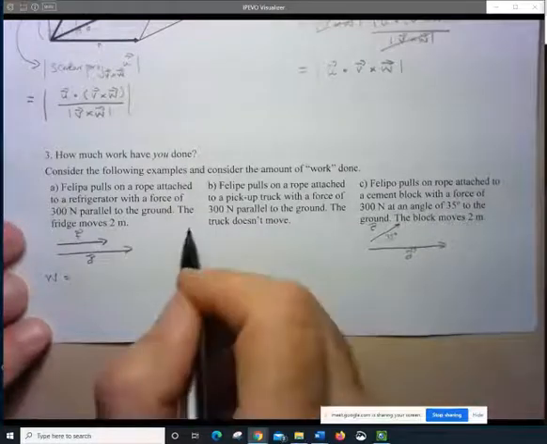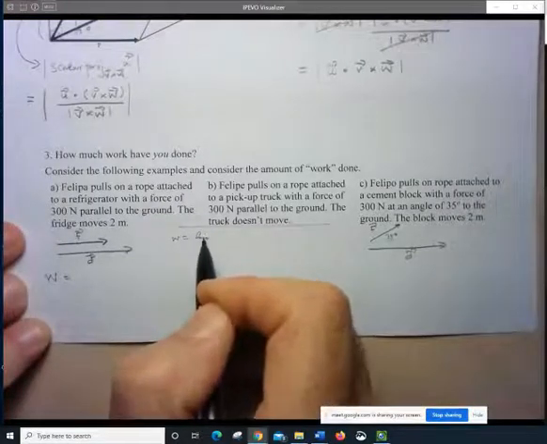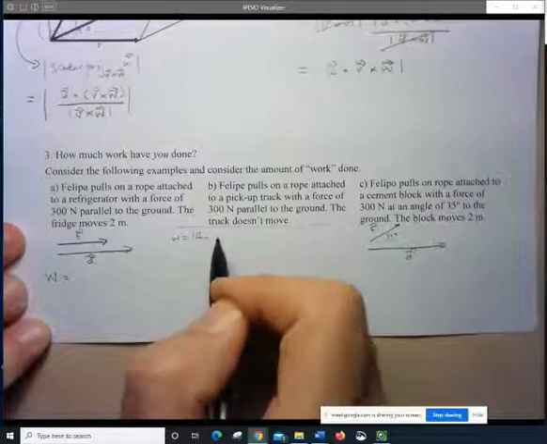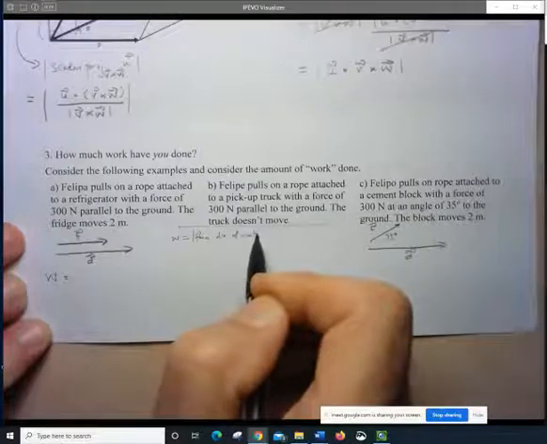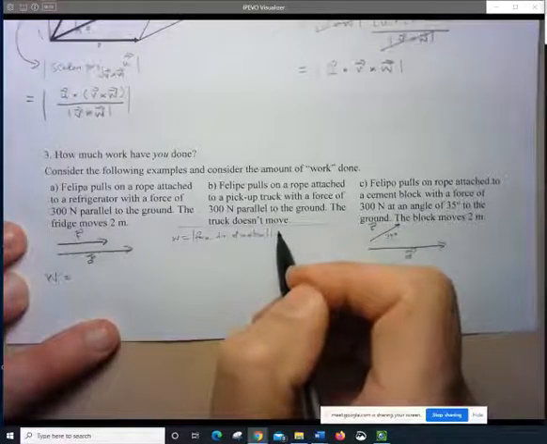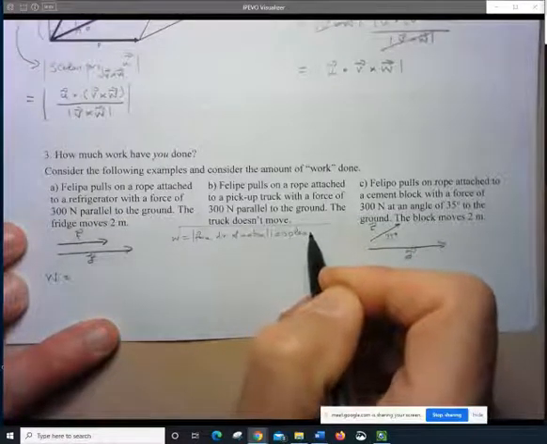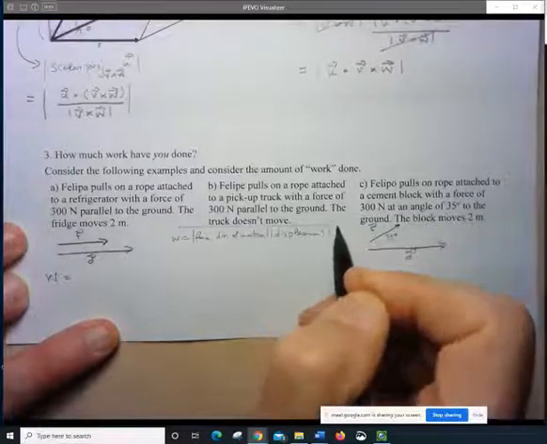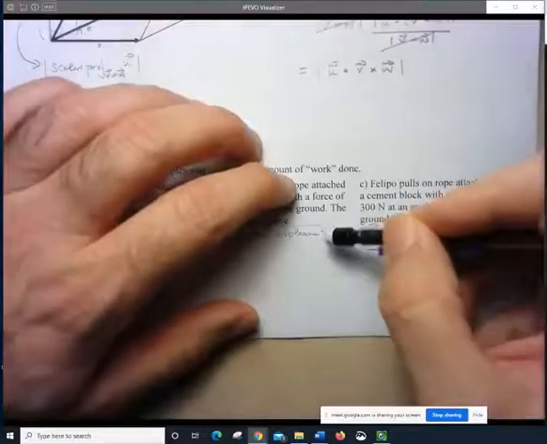So here, work is equal to the magnitude of force in the direction of motion, times the magnitude of the displacement, which is just the distance traveled.